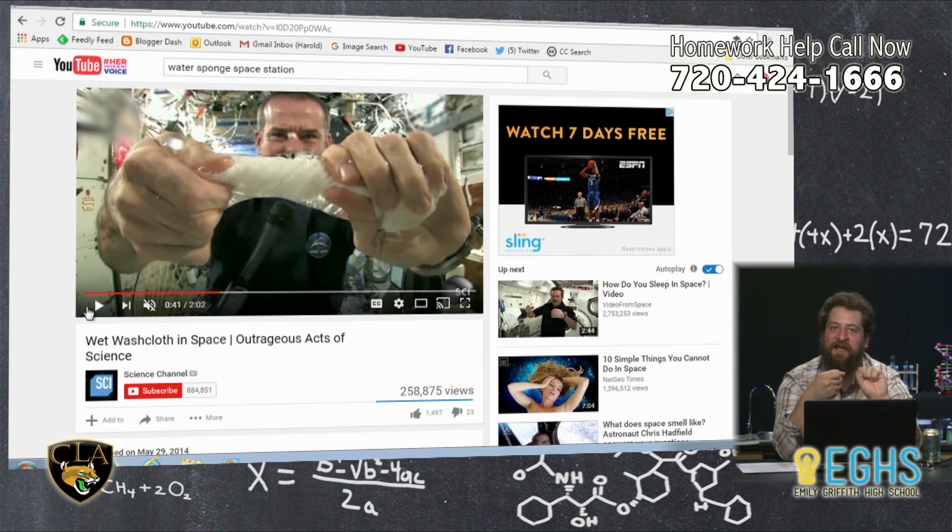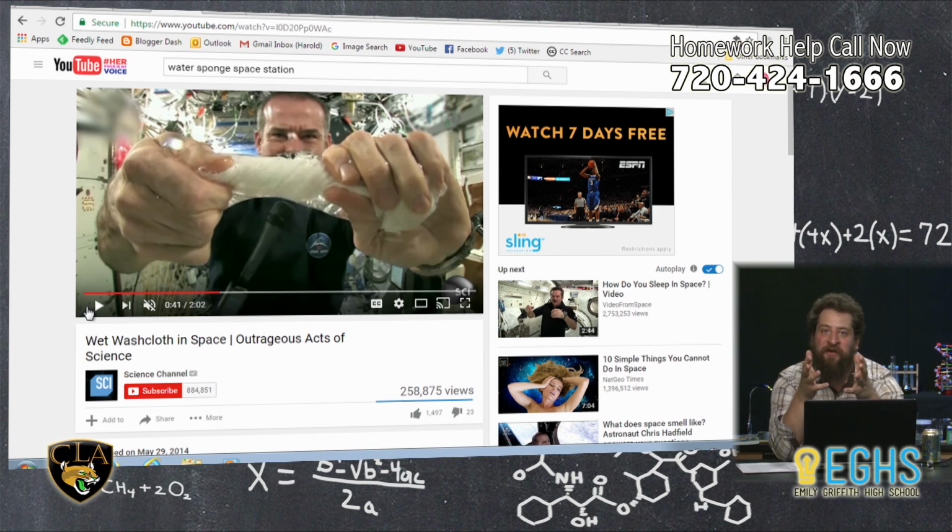You can see as he squeezes the sponge, or the rag, I guess, he's squeezing water out of the rag. That's making it so that the rag cannot hold as much water. On Earth, water would just wring right out of that rag and fall to the ground thanks to gravity. But in space, there is no gravity, and so the water has nowhere to go.